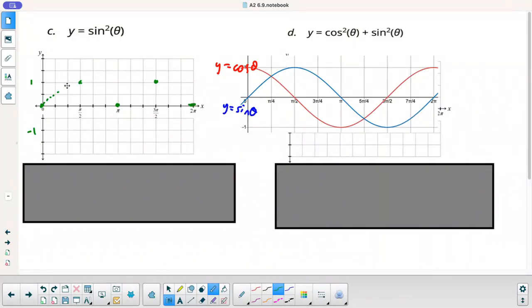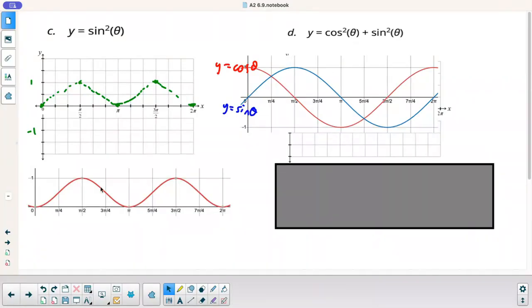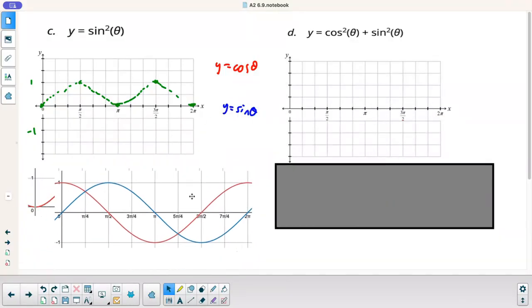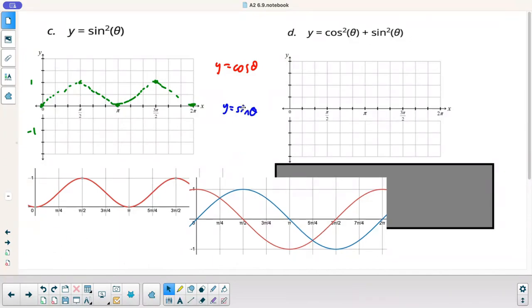So this one will look something like that, okay? And let's take a look at that graph. Looks pretty good. All right, and then the last one here, I gotta move this somewhere. I'll put it right here, I guess.